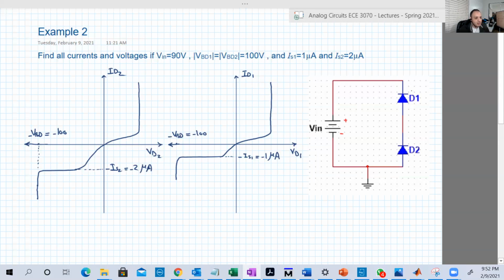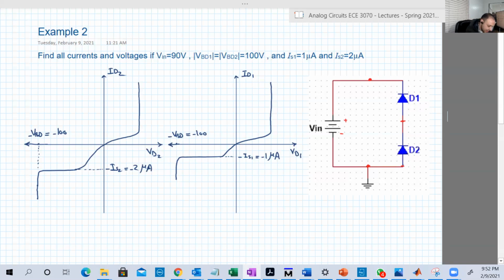Or you can determine forward and reverse based on the expected voltages of the N side and the P side. This node in the circuit has higher voltage than the ground. So we expect this node to have higher voltage than this one, and this one higher than this one.